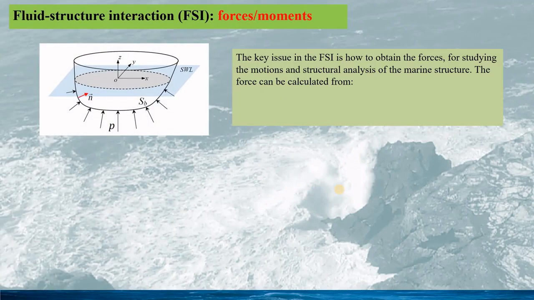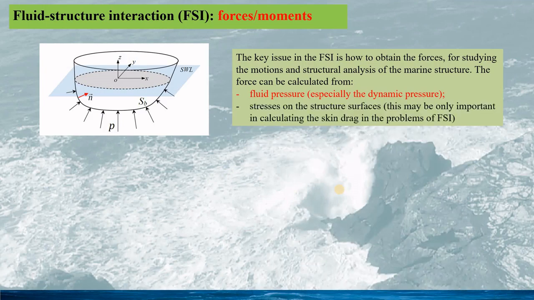For most problems of fluid-structure interaction, the key issue is how to obtain the forces for studying the motion and the structural analysis of the marine structures. Basically, the force can be calculated from the fluid pressure, especially the dynamic pressure, and the skin drag can be calculated from the stresses on the structure surfaces.